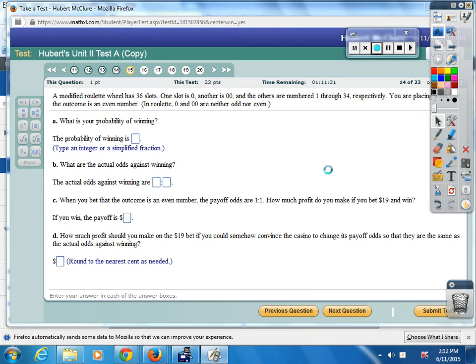So the roulette table has 36, so that means it has 36 numbers.